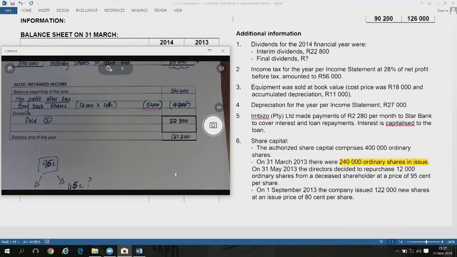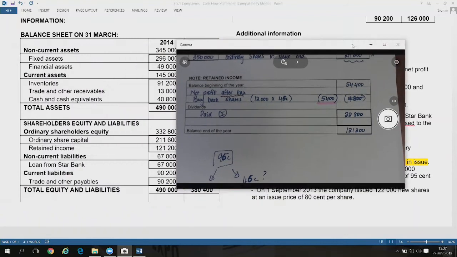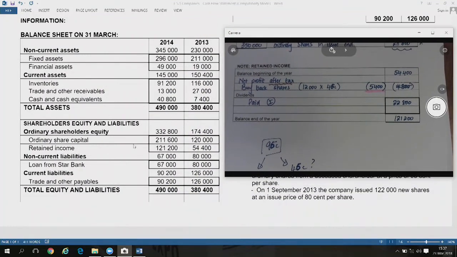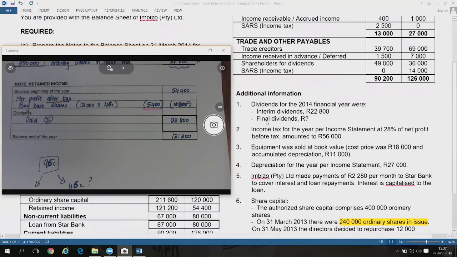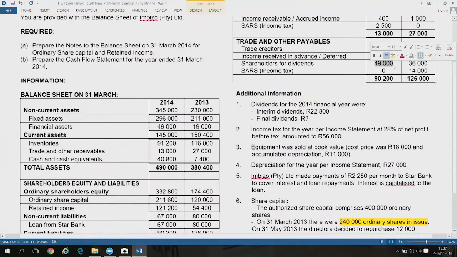And now they gave us a question mark at the final dividends. Where must you go? You go to your information and your shareholders for dividends at the end of the year. That is your final dividends.